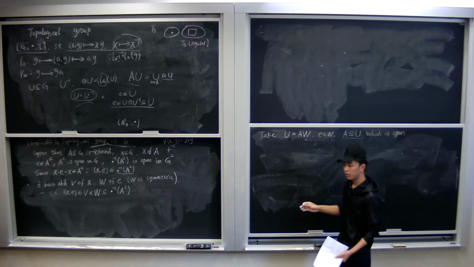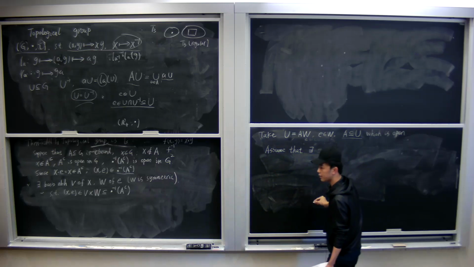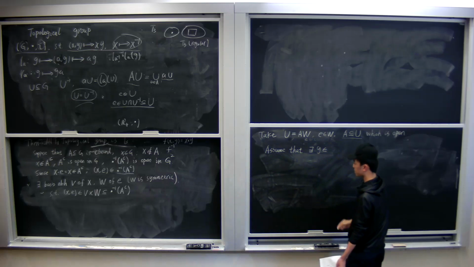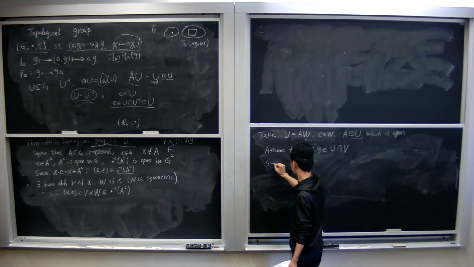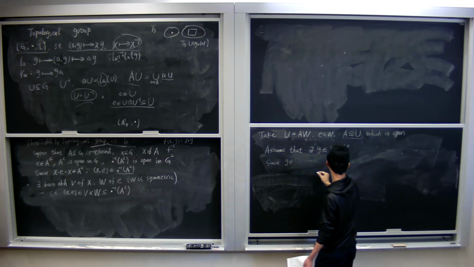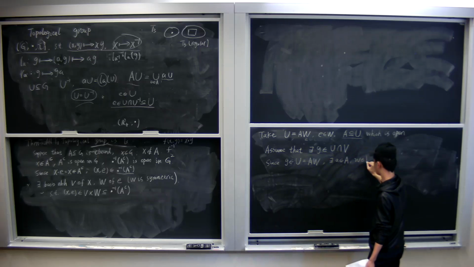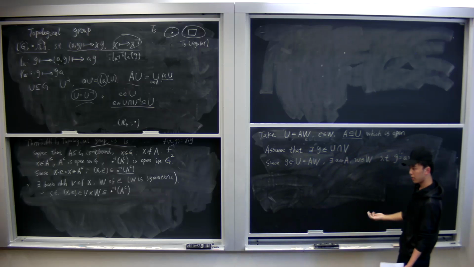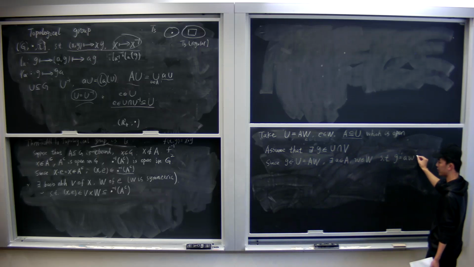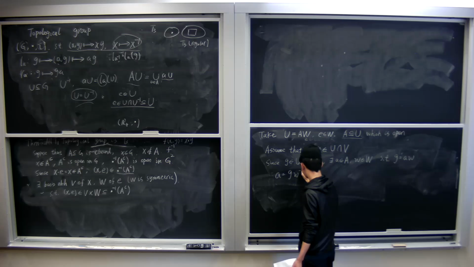Next, we should prove that U and V are disjoint. Assume that there exists some g in U intersect V. Since g is in U, which is AW, we can find some a in A and w in W such that g equals aw. Now we multiply by w inverse, and we get a equals g w inverse.